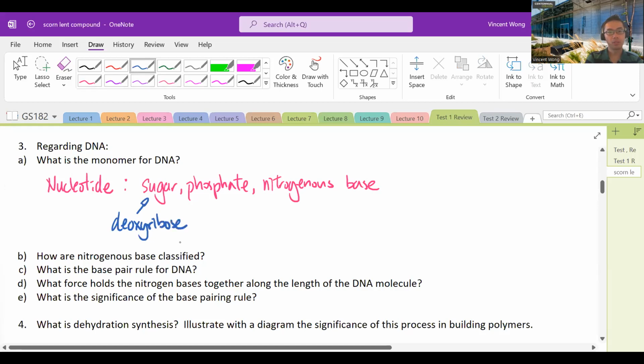For RNA, it will be a ribose sugar. So this one is missing an oxygen compared to the RNA one. Phosphate, as you know, is PO4 3-. And the nitrogenous base. What are the possible nitrogenous bases for DNA? Anyone? What are the possibilities for the nitrogenous base?